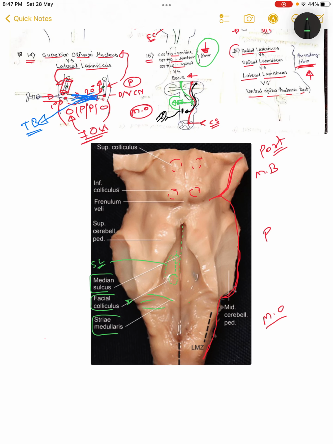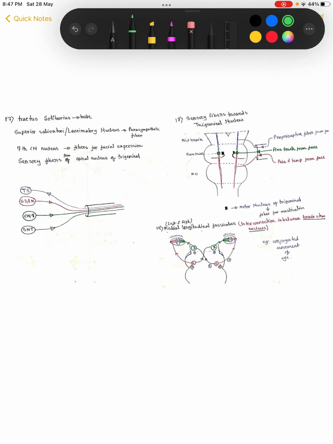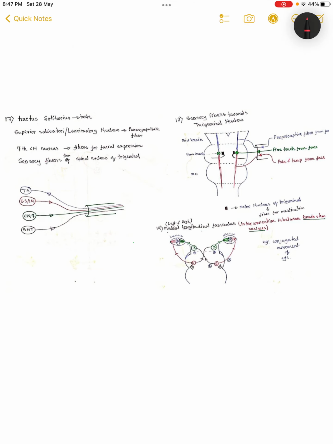Now let's move forward. So yes, here we are going to discuss a little bit of complex thing. First focus here. We are going to discuss the facial nerve nucleus. Okay, so in 17 you see facial nerve nucleus.